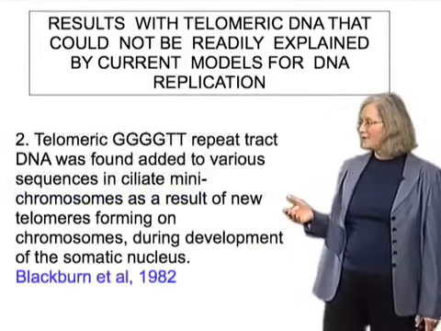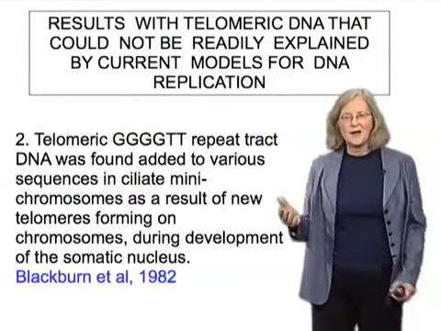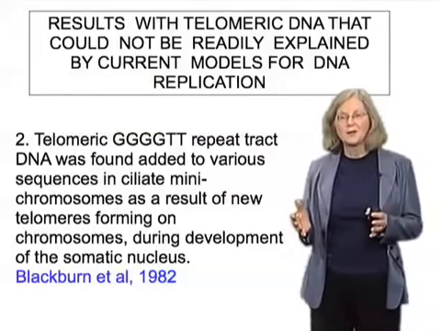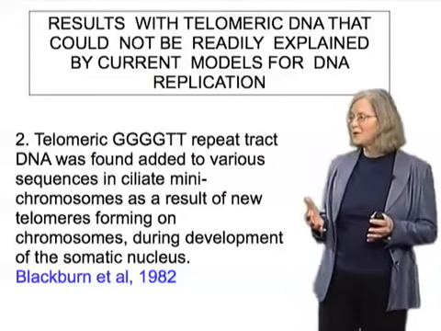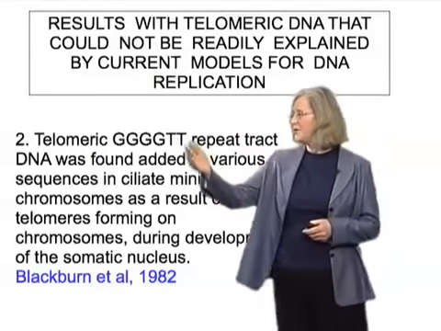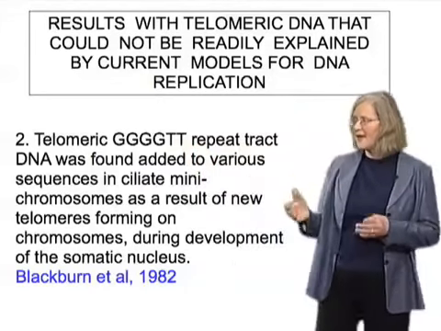Now, a second kind of observation was a somewhat more complicated one, and it means that I have to take a moment to tell you about the life cycle of a particular group of ciliated protozoans, which includes the species Tetrahymena, in which these G4T2 repeat tracts were found to be the telomeric tracts.